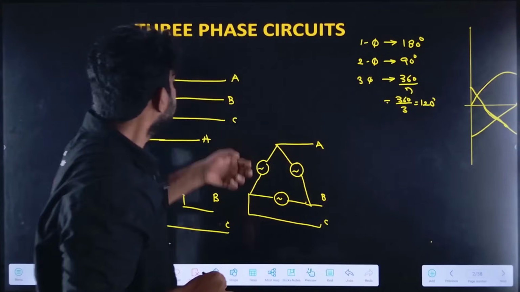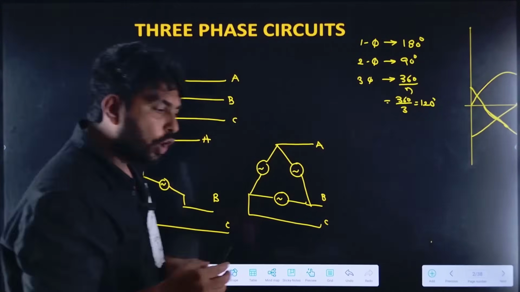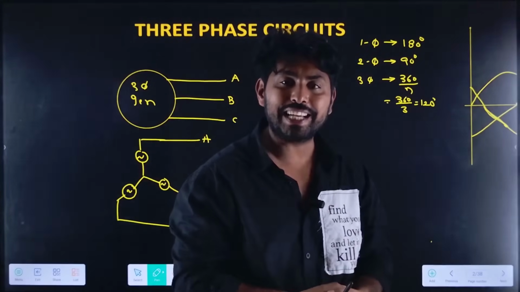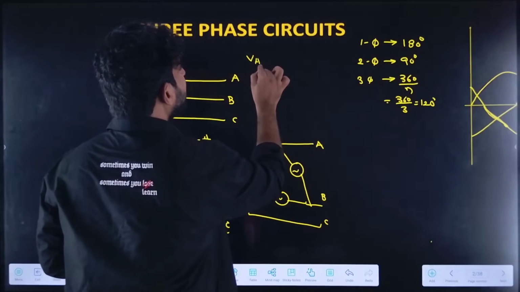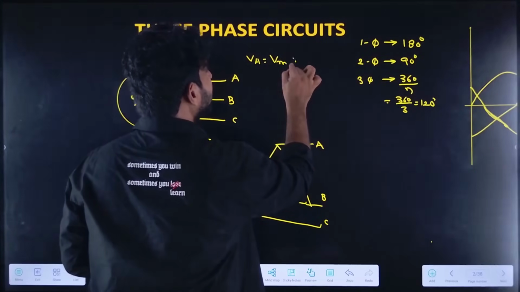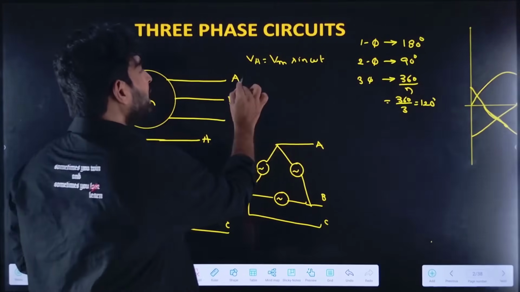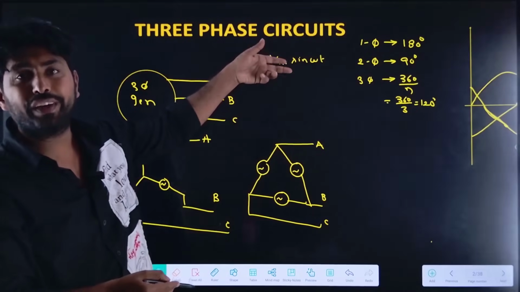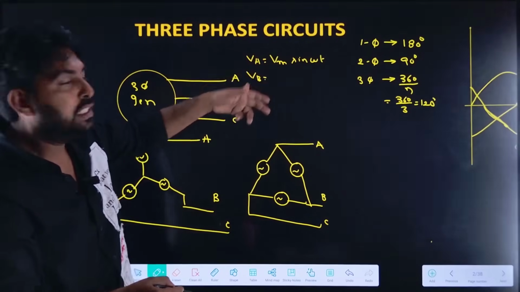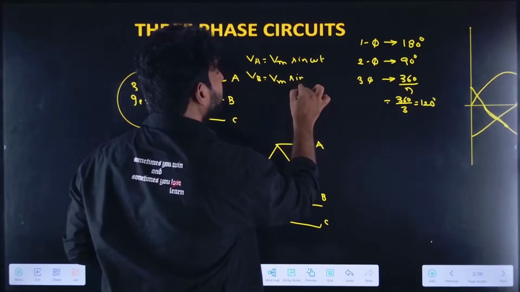120 degrees. So for example, if VA, VB and VC are there, how can these voltages be represented in sinusoidal form? VA equals Vm sin omega t, right? VB: the phase displacement between the two phases is 120 degrees, so VB will be lagging VA by 120 degrees.